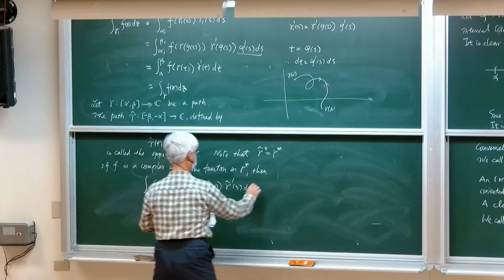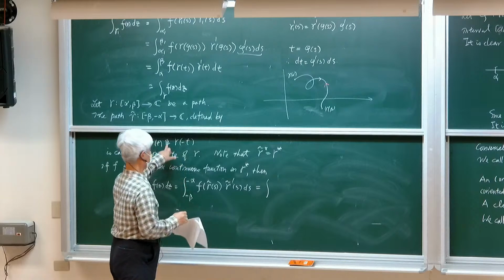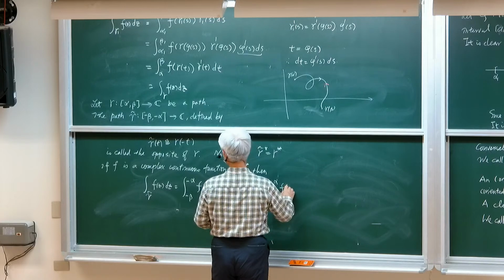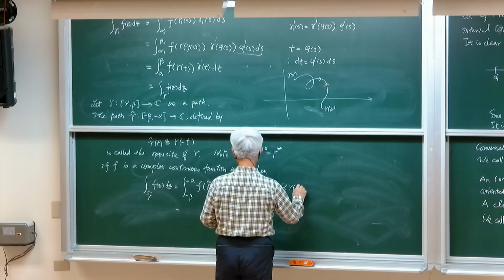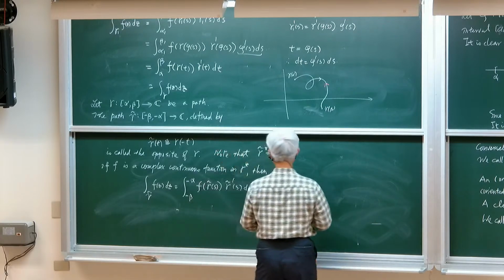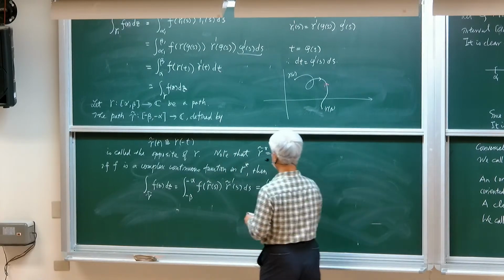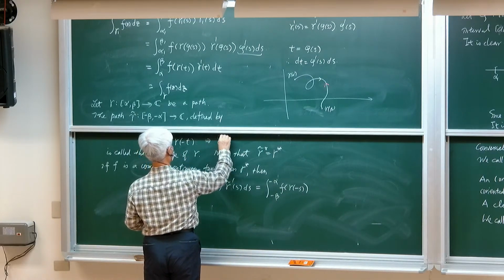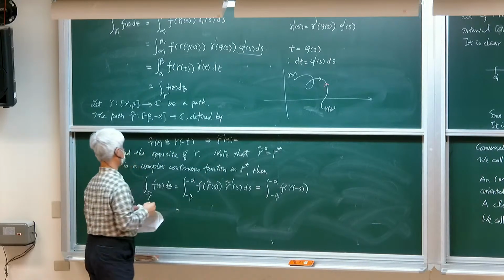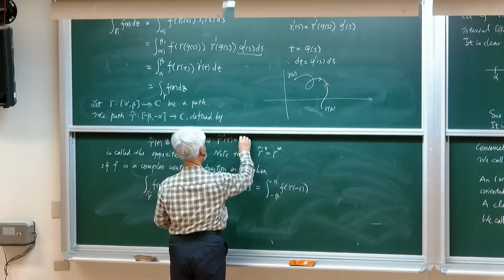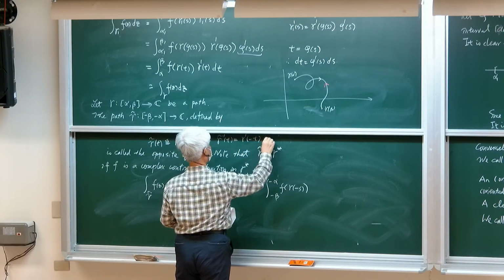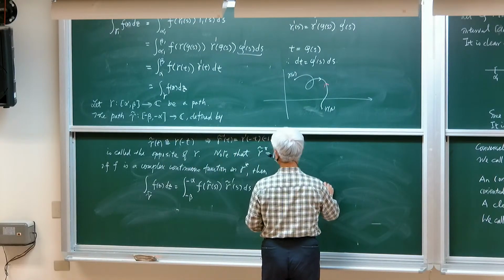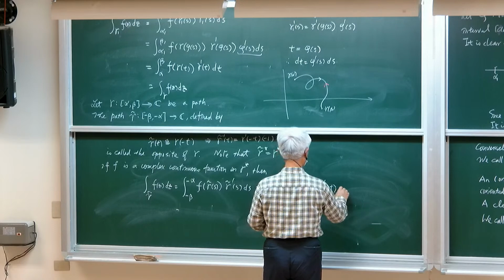By substitution, this is from minus alpha to minus beta, f of gamma of minus s. And the derivative of gamma tilde is the derivative at minus t times minus 1, so we have minus gamma prime of minus t and ds here.